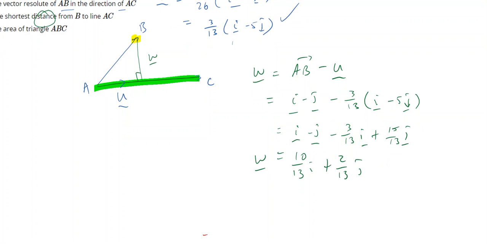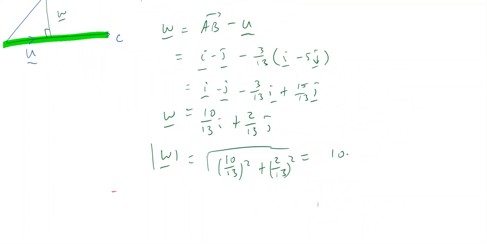We don't just want w, we want the distance, so it's a magnitude. We want the magnitude of w, so it's just 10 over 13 squared plus 2 over 13 squared. So that's going to be 100 over 169 plus 4 over 169. So it's going to be 104 over 169.